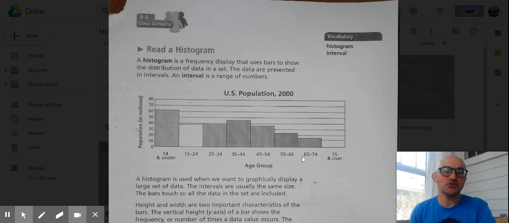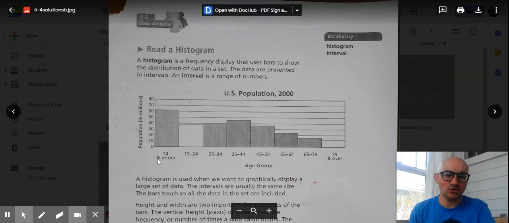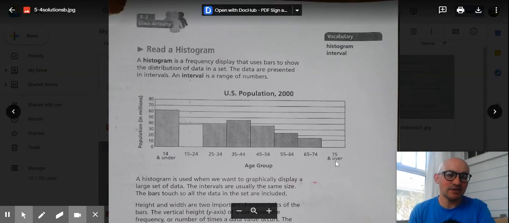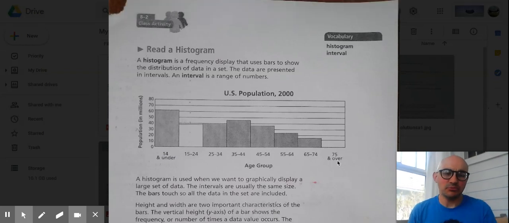Most of the time on the histogram, we try to keep the intervals equal. These are people's ages, as this label says, and we try to keep them 10, 10, 10, 10. There are a couple exceptions to that. The first group is 14 and under, so that's a little larger than 10, and 75 and older is a little bit larger than 10 as well.